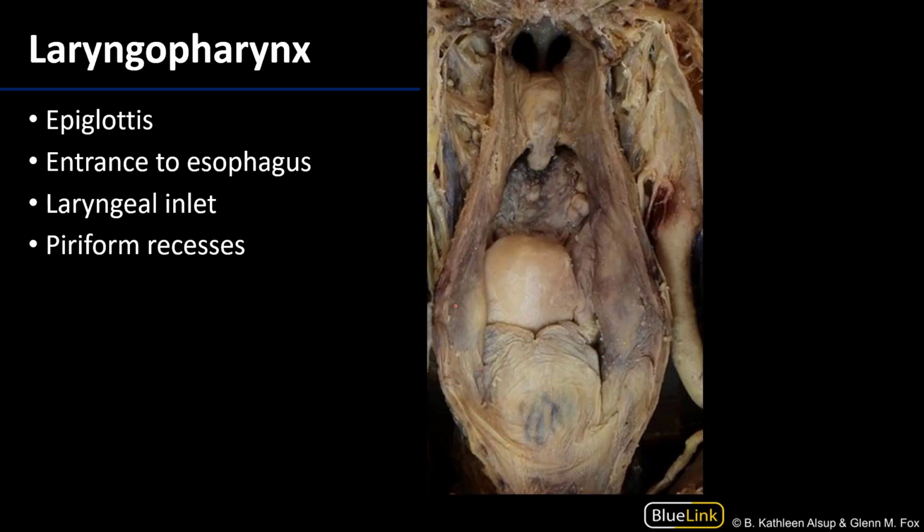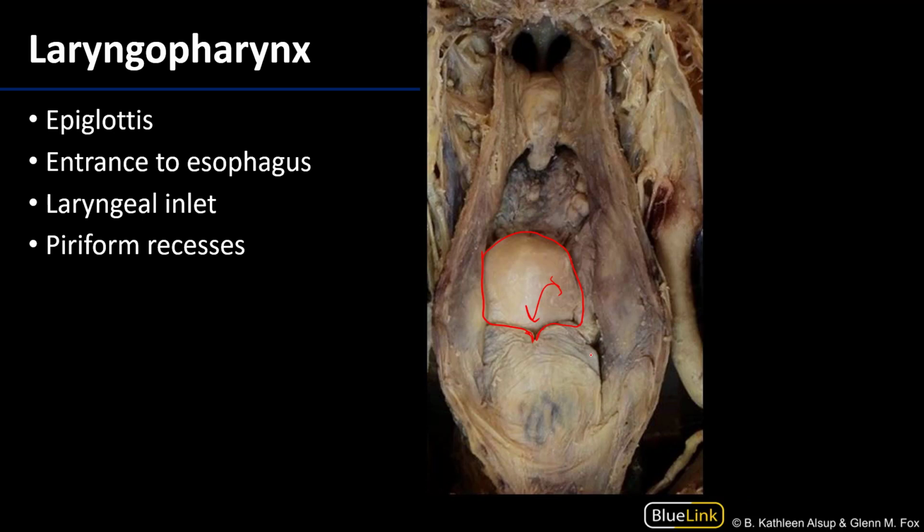So let's continue on distally. So here's our lovely epiglottis, right? Here would be the interarytenoid notch. These arytenoid cartilages are approximated, so I'll just circle this here for the laryngeal inlet. So as materials move in or out of there, they're moving in or out of the larynx.